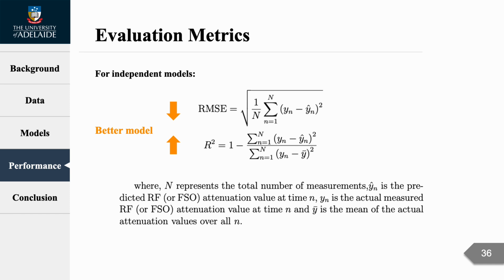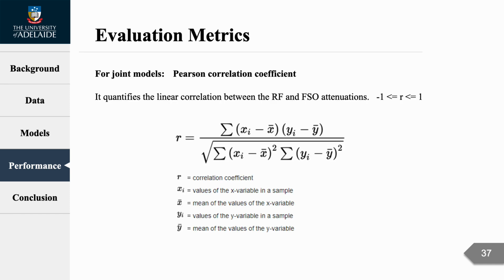In short, a lower RMSE and a higher R-square mean the model is performing better. We use the Pearson correlation coefficient to measure the linear relationship between the RF and FSO attenuations. Its value ranges from -1 to +1. When the value is close to 0, we see the correlation is weak.